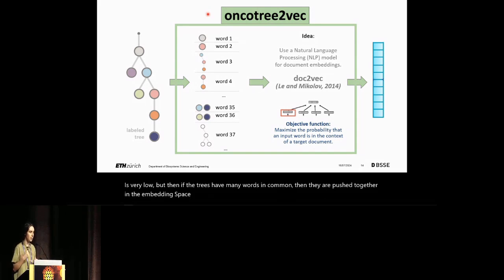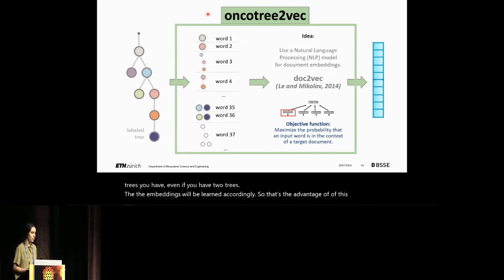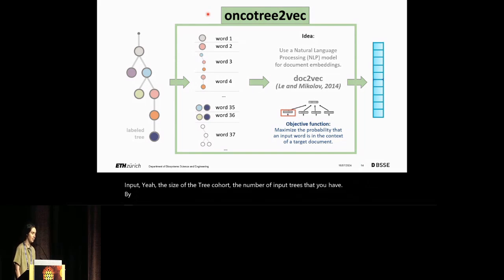And you do this iteratively. So regardless of how many trees you have, even if you have 2 trees, the embeddings will be learned accordingly. That's the advantage of this method, that you're not constrained on the size of the tree cohort, the number of input trees that you have. Great, thank you. Nice design.